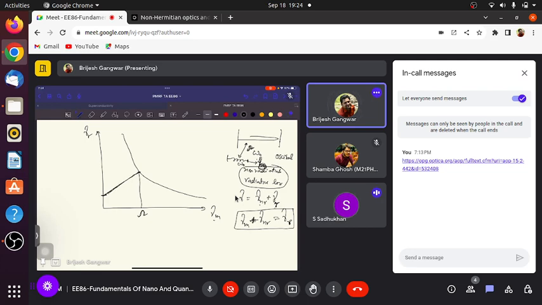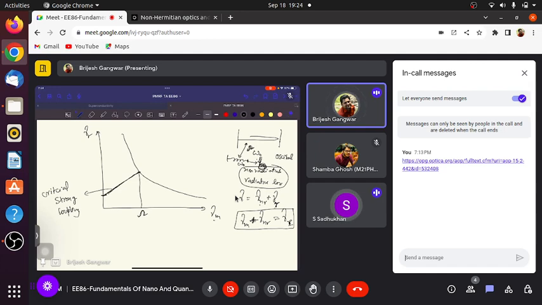So this line is considered a strong coupling line. Not strong coupling, it is called critical strong coupling, because this is exactly equal to gamma r.